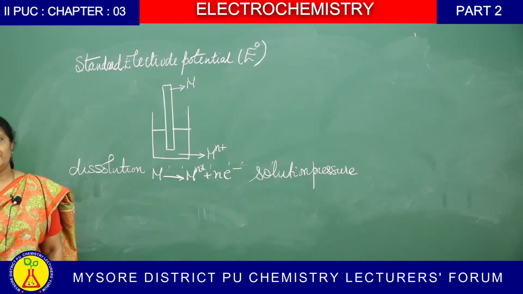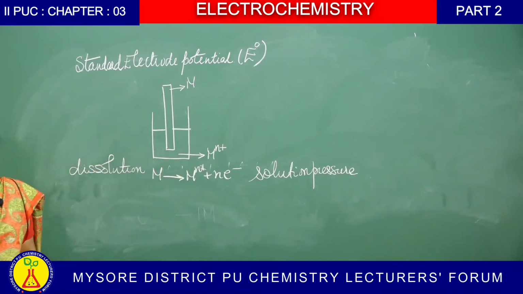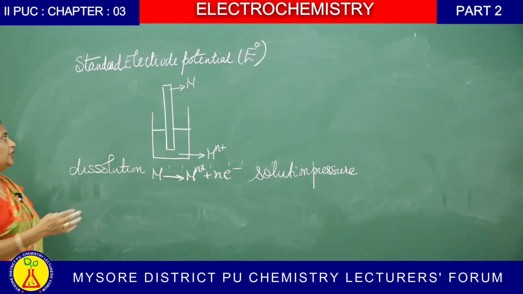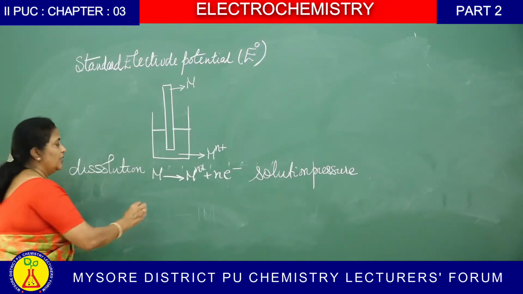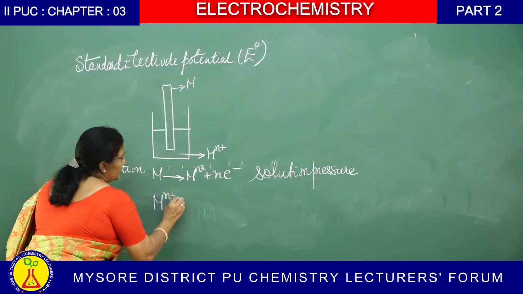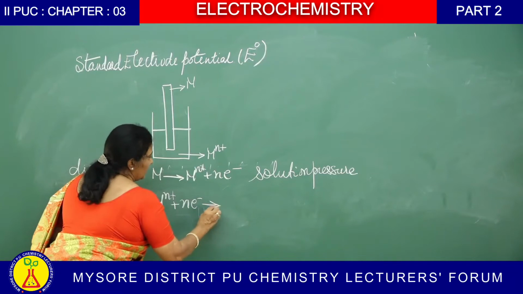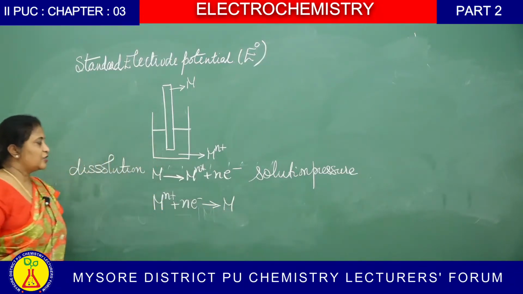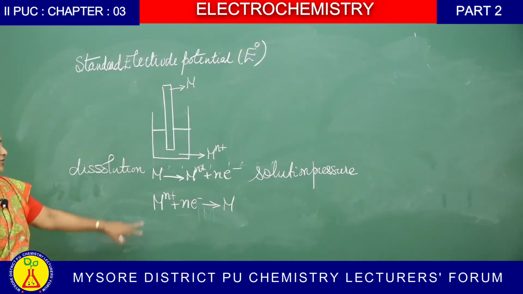On the other hand, the metal ions which are in solution also have the tendency to get converted into metal atoms and get deposited. So the reverse reaction can also occur, giving M. What force is responsible for this second reaction?